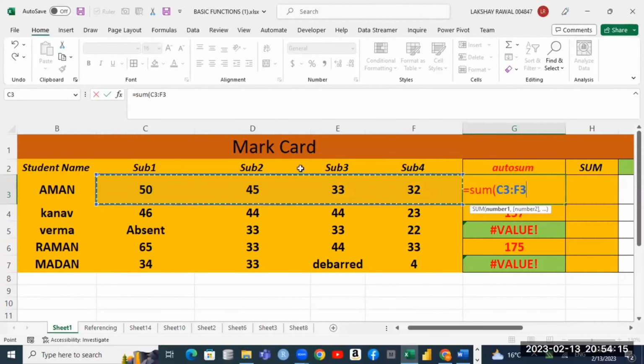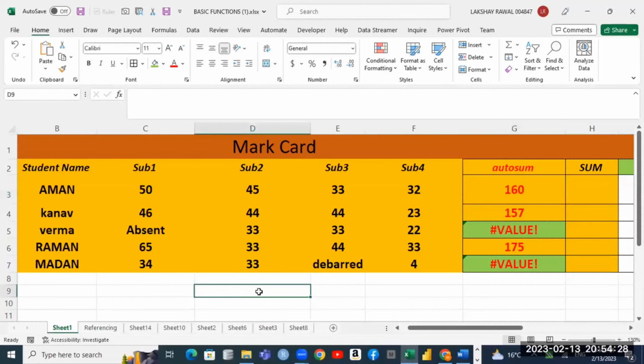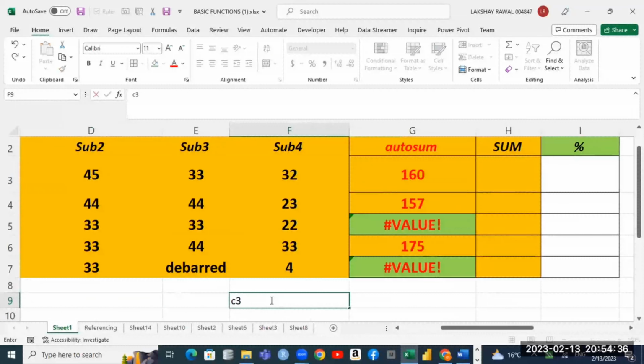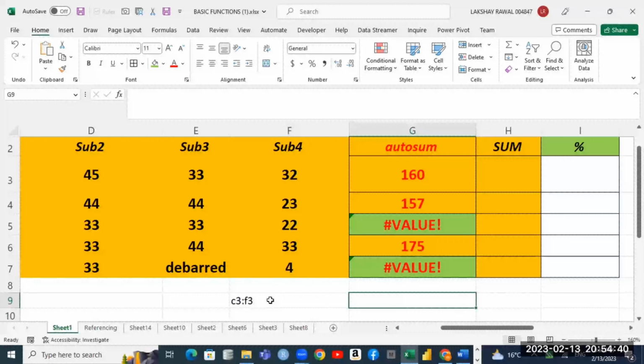Now, what is this called? C3 colon F3. It means from C3 to F3. Whenever you see in Excel from today onwards, if you see something in a colon, suppose I write C3 colon F3, this is called range.